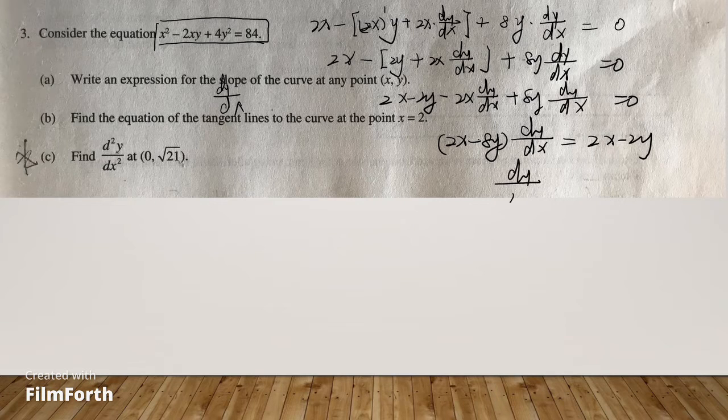So dy over dx equals 2x minus y, 2x minus 4y.